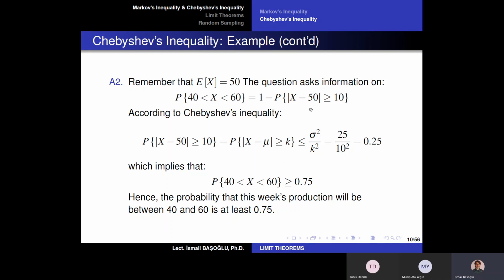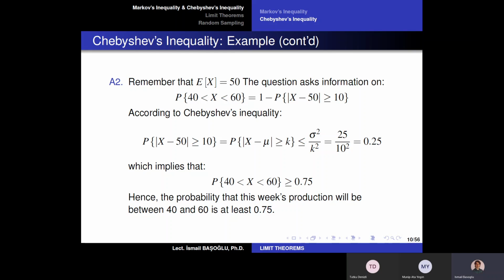If the complement event's probability is less than or equal to 0.25, then the original event must have a probability that is greater than or equal to 0.75, right? So I cannot calculate that probability if I do not know the distribution function. However, according to Chebyshev's inequality, it can never be less than 0.75.